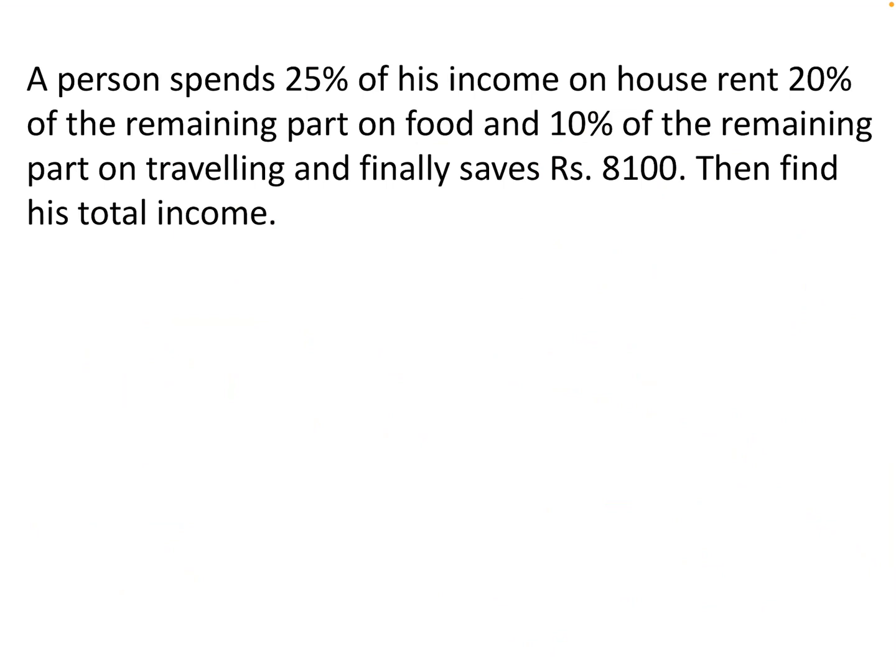A person spends 25% of his income on house rent, 20% of the remaining part on food, and 10% of the remaining part on travelling, and finally saves rupees 8,100. Then find his total income. Previously we have solved such a problem, so here directly I will do this.